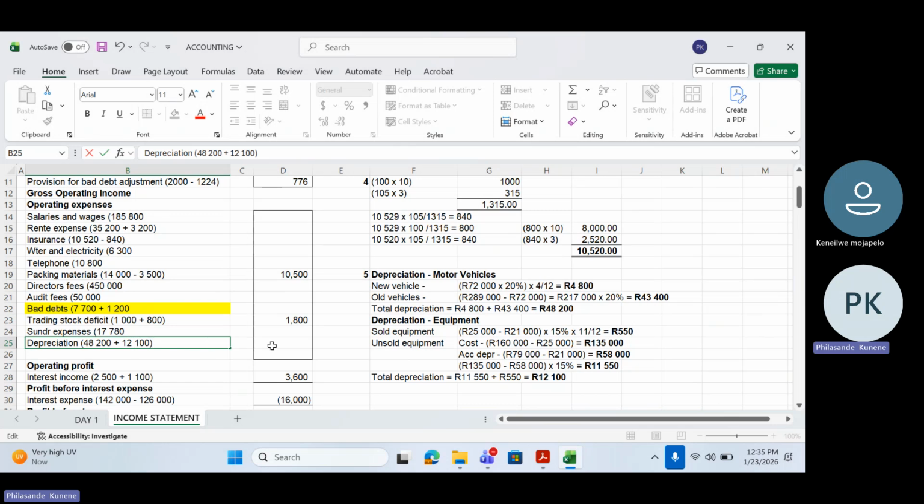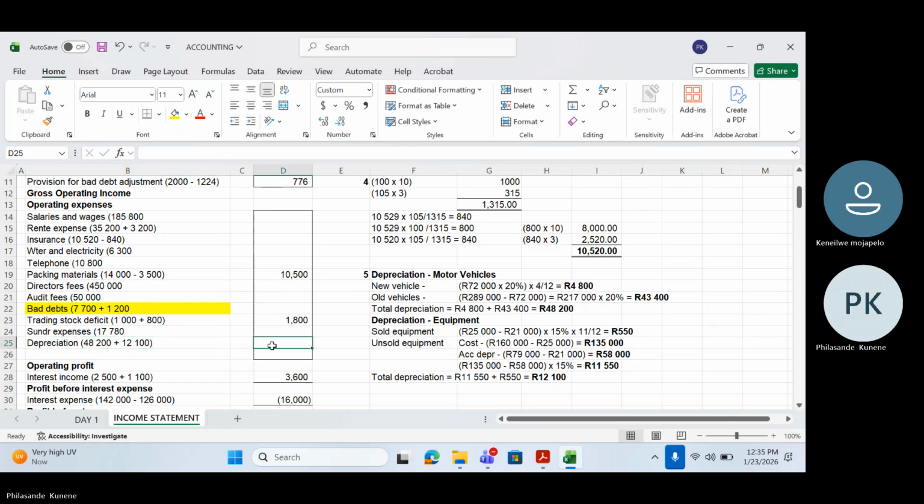And then I will get the total depreciation here. How much will that be? 60,300, yes. So this is the total depreciation that we got for motor vehicles and equipment. Okay.